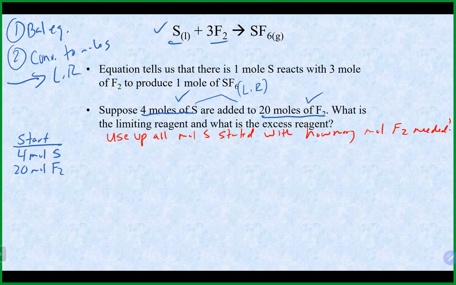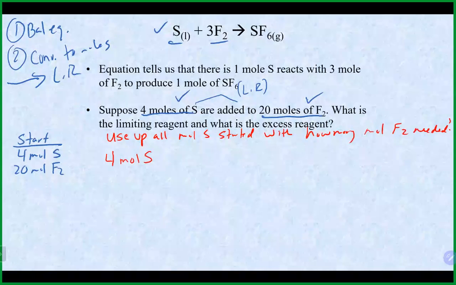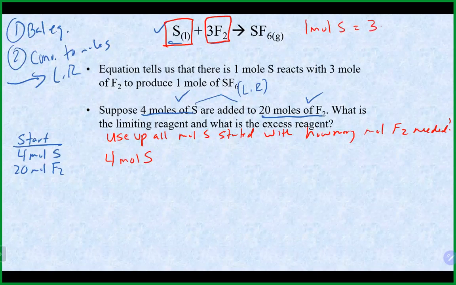So I'm going to take the starting amount of S in moles, which is 4 moles of S. Going to the equation, I'm going to find a relationship between those 2 reactants. And that is 1 mole of sulfur gives me 3 moles of F2. That gives us our 2 conversion factors we could use, just like we were doing previously.